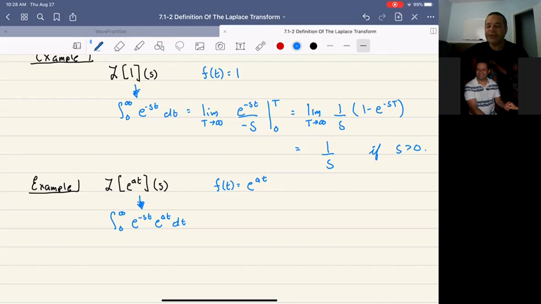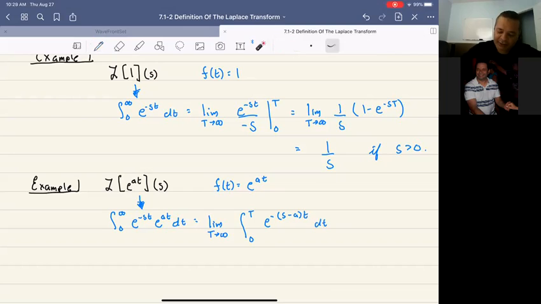So if we write this, it's going to be the limit as t goes to infinity of the integral from 0 to t of e to the negative s minus a, times t, dt.